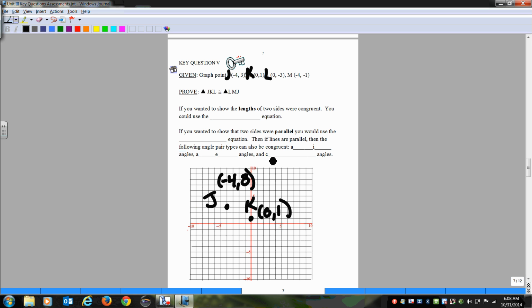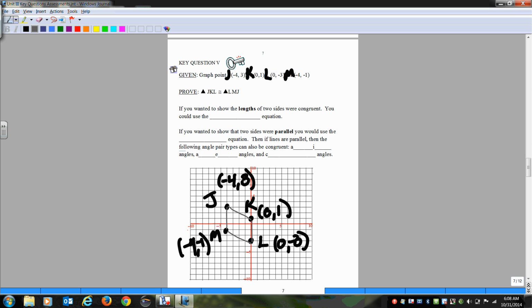L is at 0, -3. And M is at -4, -1. We're going to connect those.